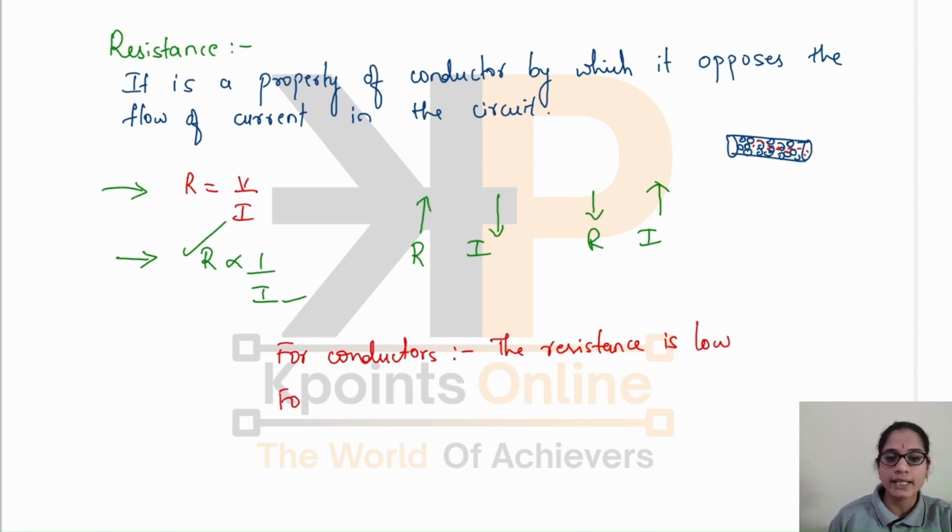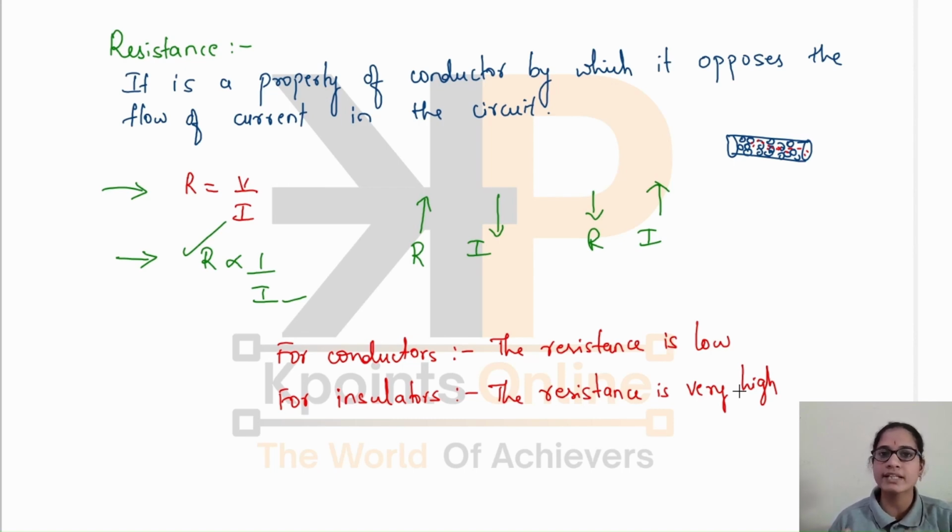And for insulators, the resistance is very high, such that they will not allow the flow of electric current through them. Even if it flows, it is very negligible.